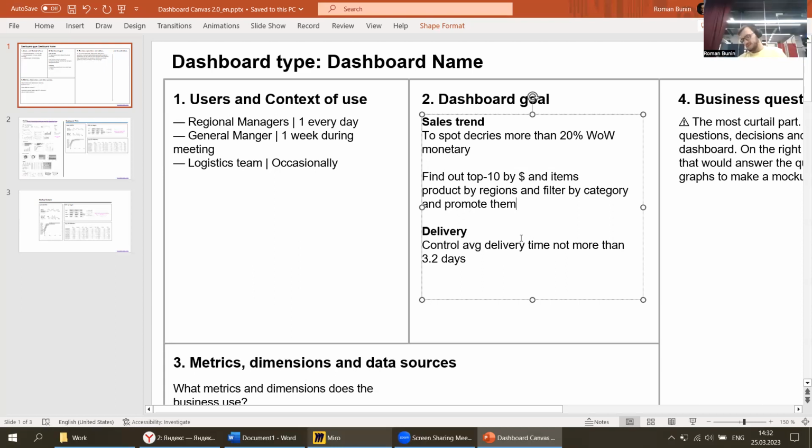Yeah, it would be nice. But let's consider that they don't have such data right now, because they only have data on orders and don't have promotion data. It sounds ridiculous, but on the other hand, it's quite common to have a lack of data. Okay.